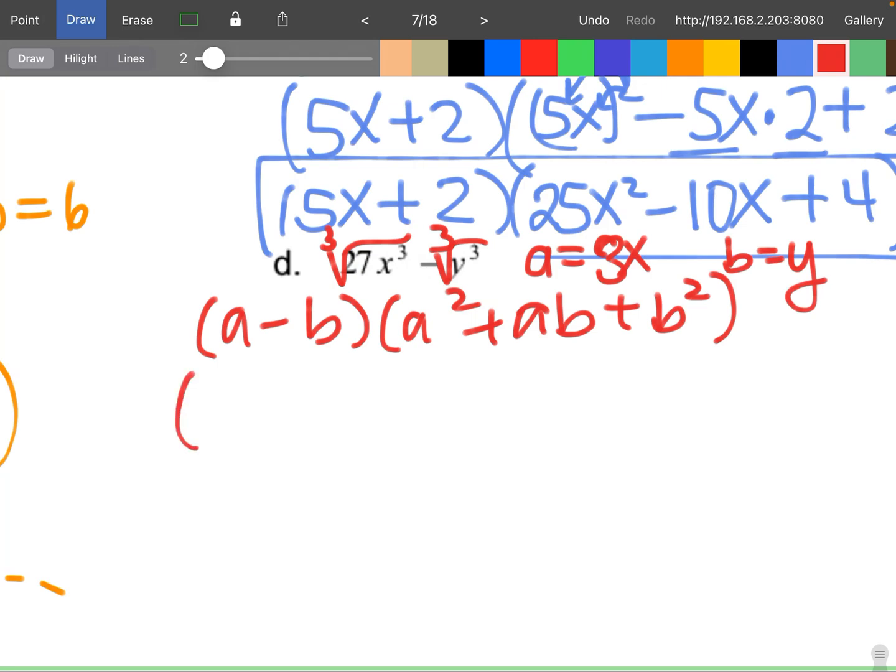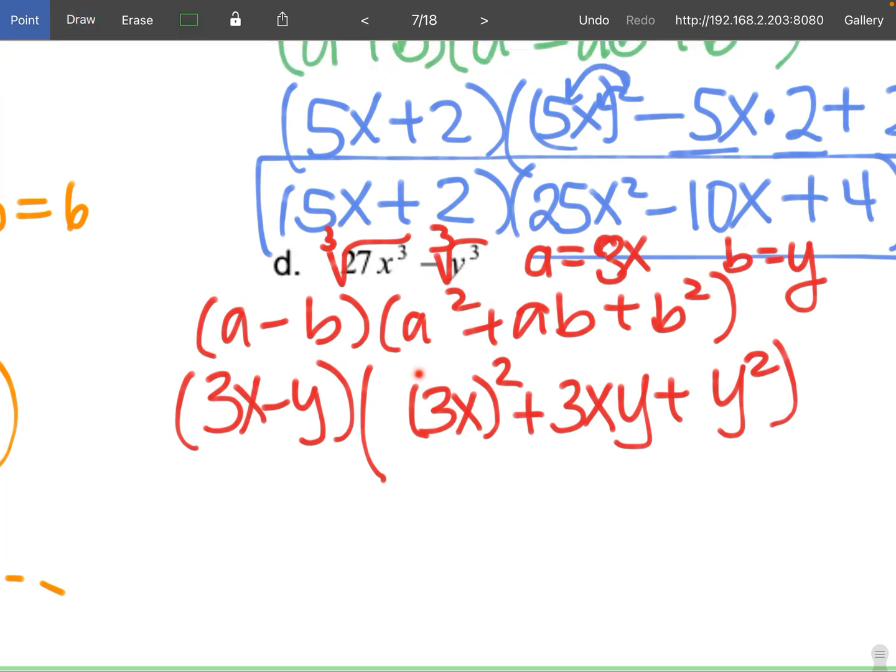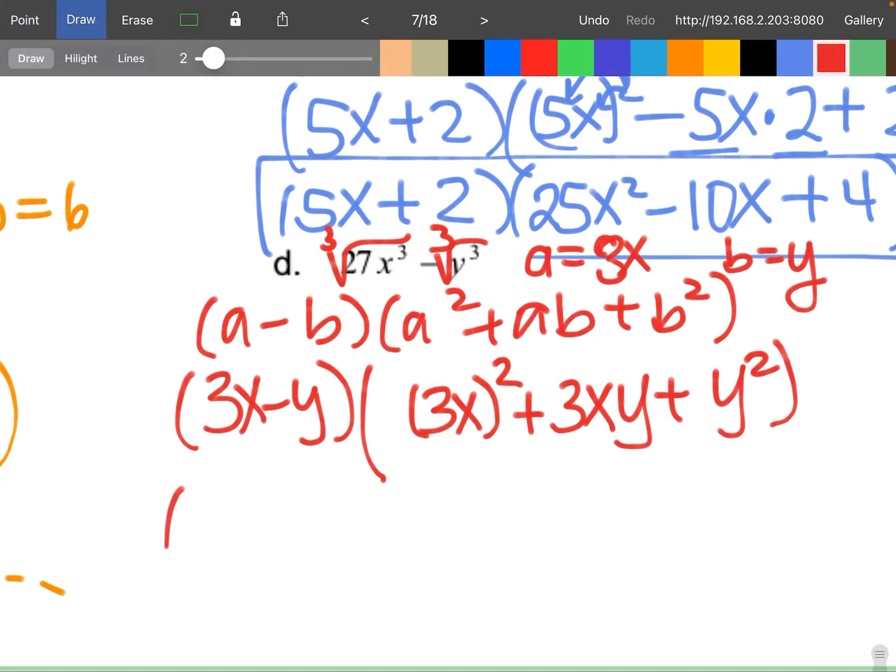Again, you're not taking the negative into account when you're taking the cube root. It's just part of the formula and which one you're going to choose. So it's going to be (3x minus y) times ((3x) squared plus 3x times y plus b squared, which is y squared). The only thing that needs to be simplified is this (3x) squared, so let's go ahead and do that.